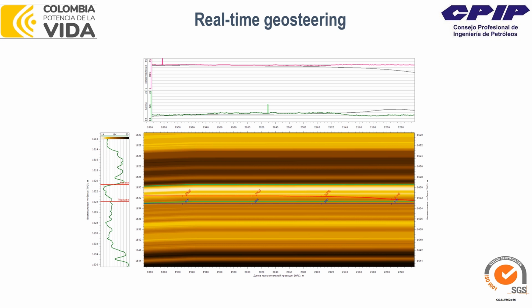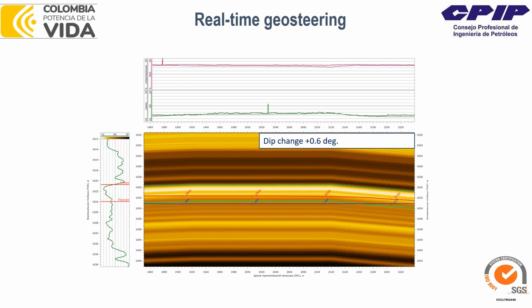Okay, so now we have a new zone. And as you already know, till this point, everything is fine, it is matching the picture we have here, right? The curves are matching each other, which means the geometry of the formation we have here is more or less accurate. Something starts to happen right here, right? And to adjust it, we're going to play with the dip angle again. So let me do it. Okay.